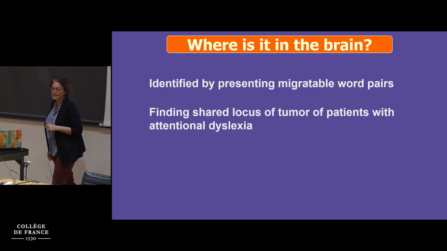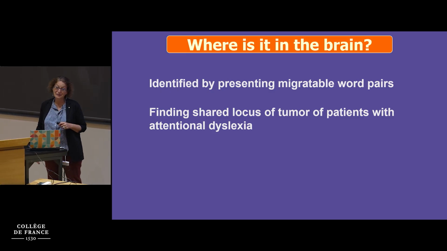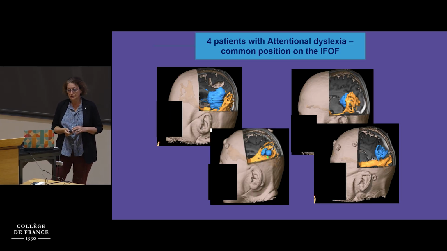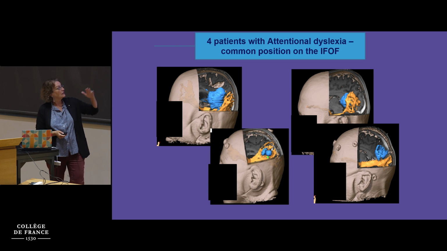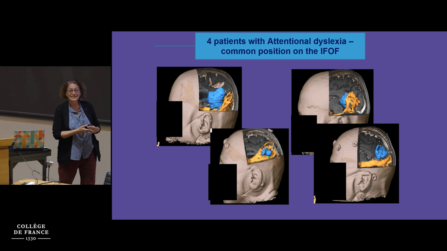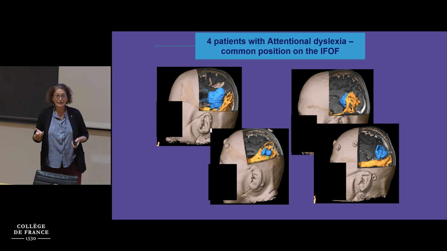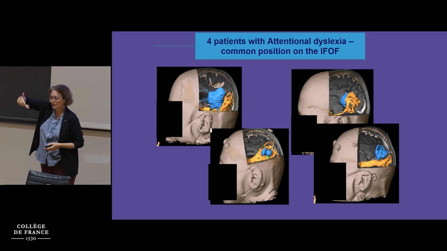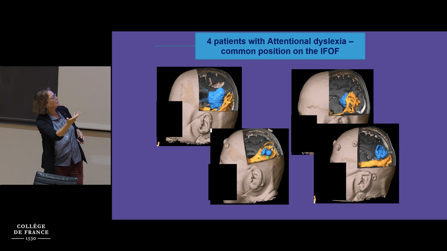So let's start with 4 patients who had attentional dyslexia following tumor. And you can see in blue the tumor, and what you can see in orange is the white matter tract called IFOF that connects the occipital lobe and the frontal lobe. It goes like that from the back of the brain to the frontal part of the brain.